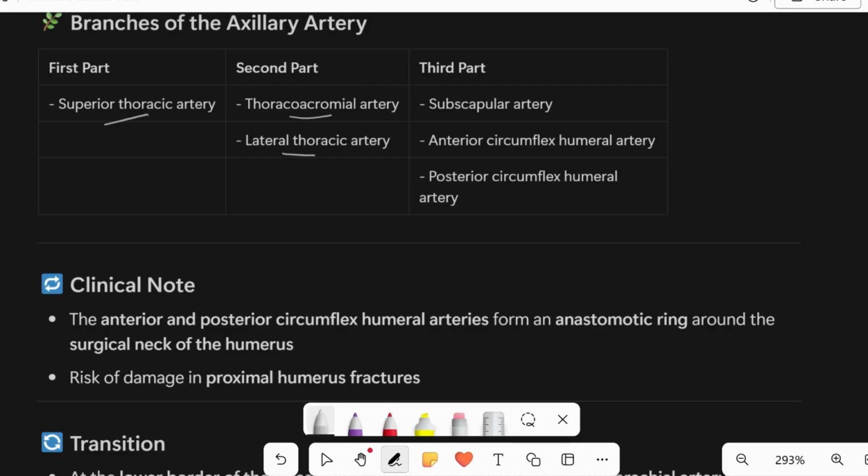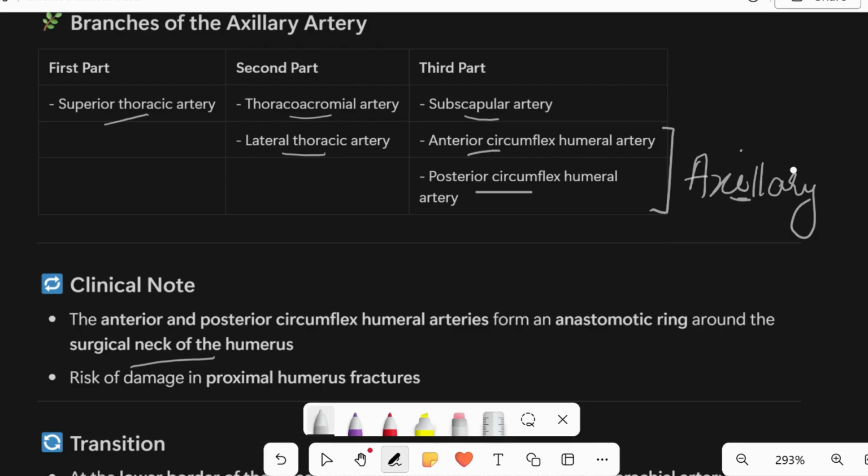The third part of the axillary artery is going to give the subscapular artery, and the anterior and posterior circumflex humeral arteries. The anterior and posterior circumflex humeral arteries are related to the anastomoses around the surgical neck of the humerus, and the axillary nerve is present along with them in this area. So if there is damage to the blood supply, there is likely to be damage to the axillary nerve at the surgical neck of humerus.